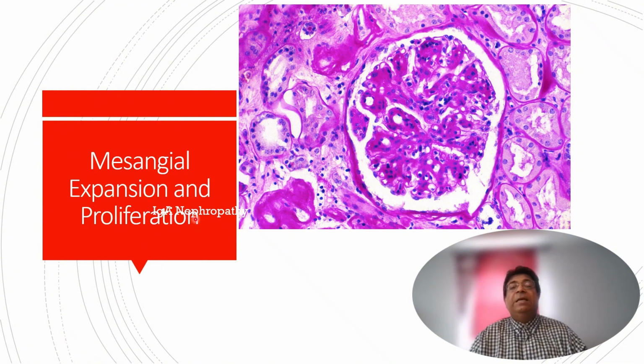As you can see, the purple aspect here in the mesangium is a little bit more prominent. That's the mesangial expansion. And that mesangial proliferation implies that you have more than 4 cells in one contiguous area of mesangium. And you can see that in several areas, like here and over here. So there's mesangial expansion and mesangial proliferation on this slide.